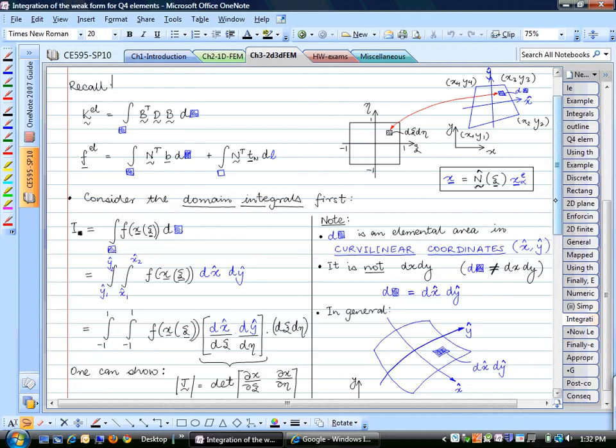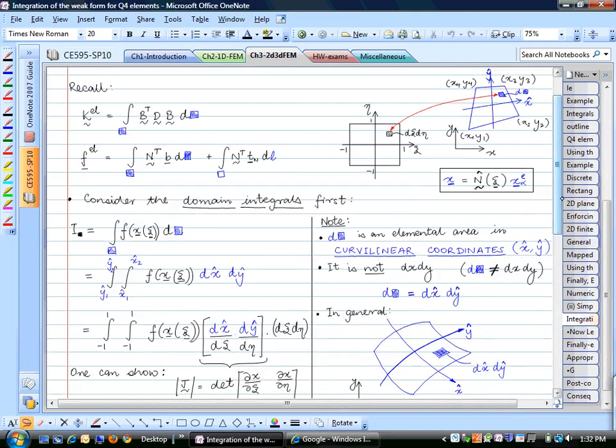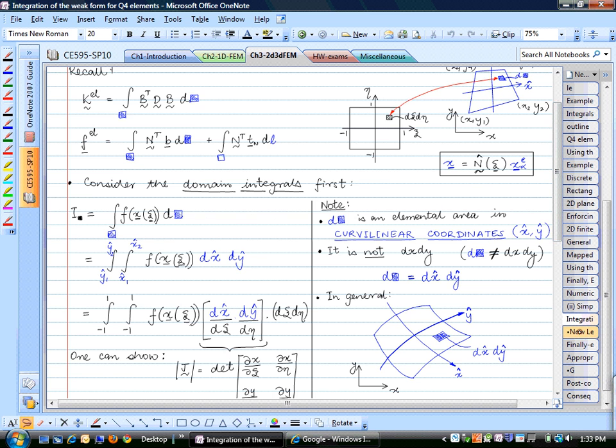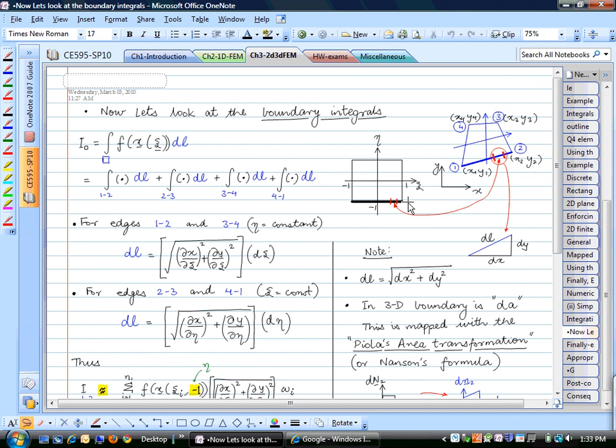So we were saying that we will use the same type of approximation in 2 dimensions. We'll map whatever small element of area back to the parent element, and then use a one-dimensional Gauss quadrature in xi and a one-dimensional Gauss quadrature in eta, and you will have your element integrals. We said the same thing for the boundary integrals.